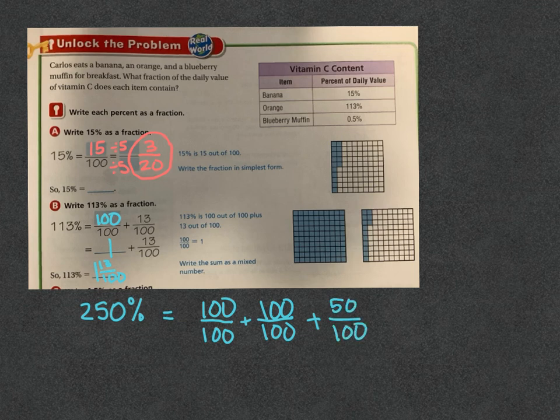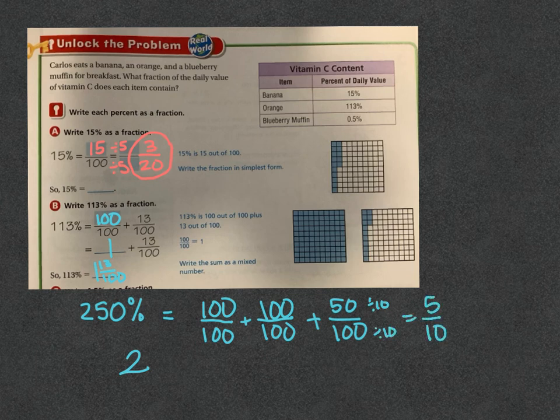So I just really broke that 250 apart into 100ths pieces, and then whatever was left. That is one whole, that is two whole. And then the fractional amount, 50 100ths, I can divide those by 10 to shrink them down, to simplify. That'll give me 5/10.